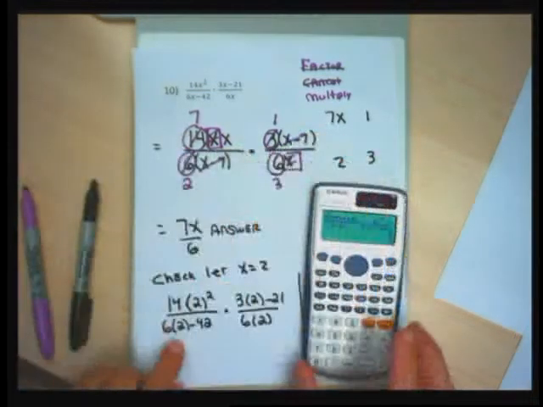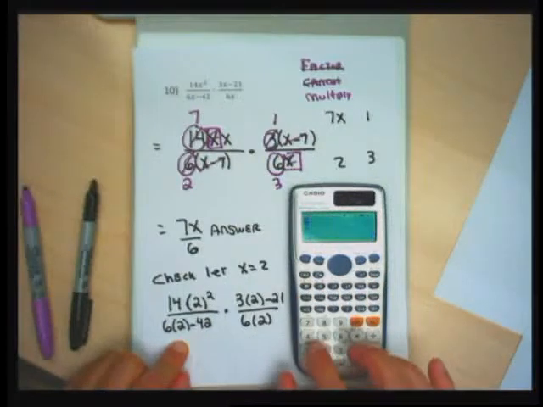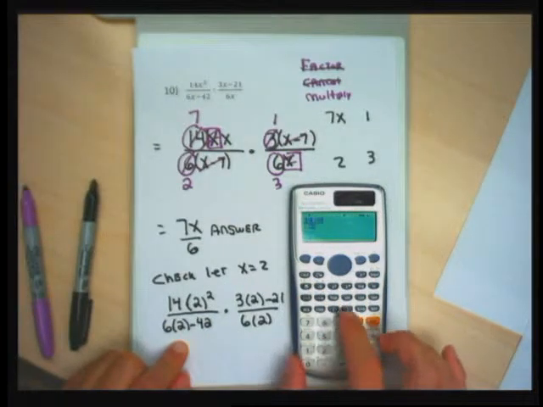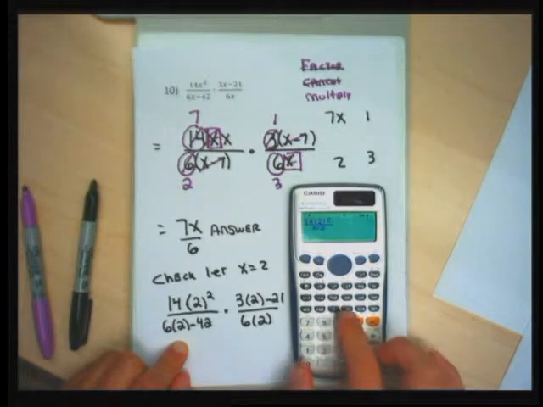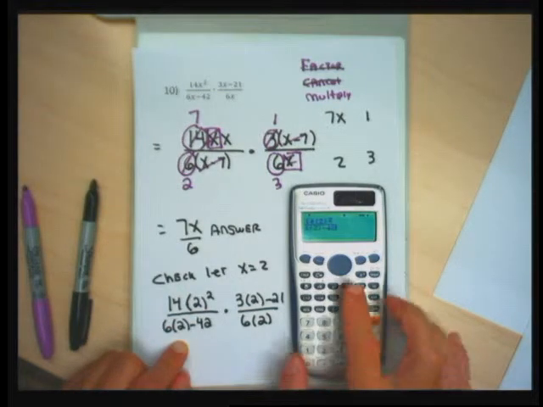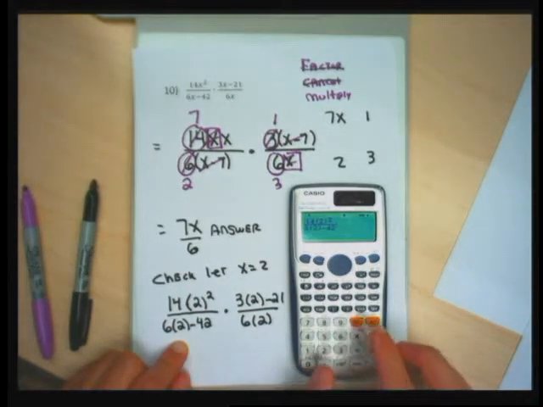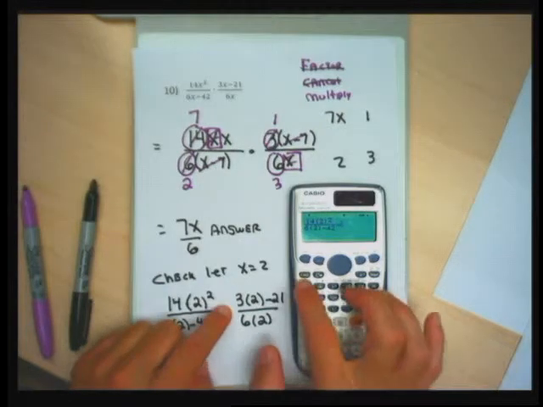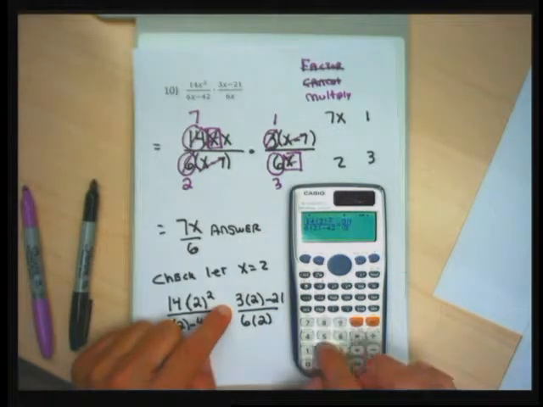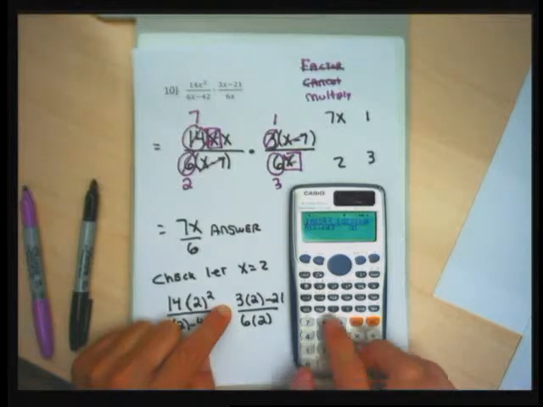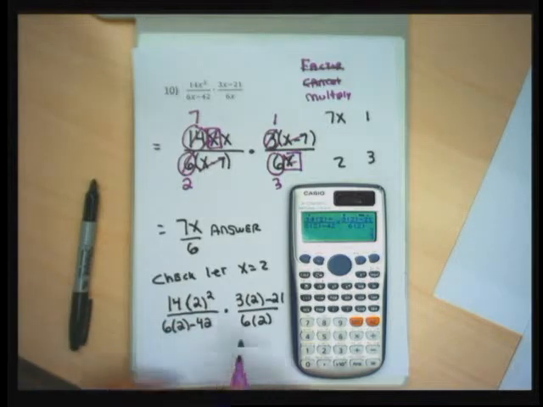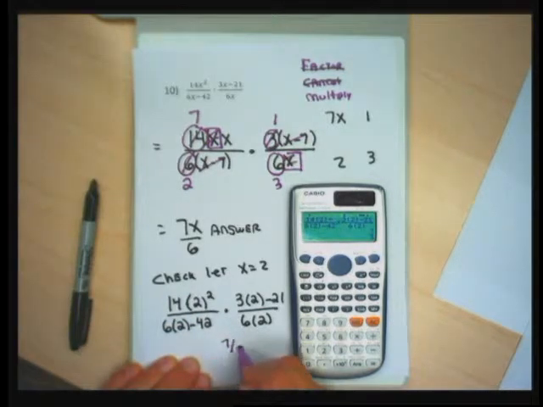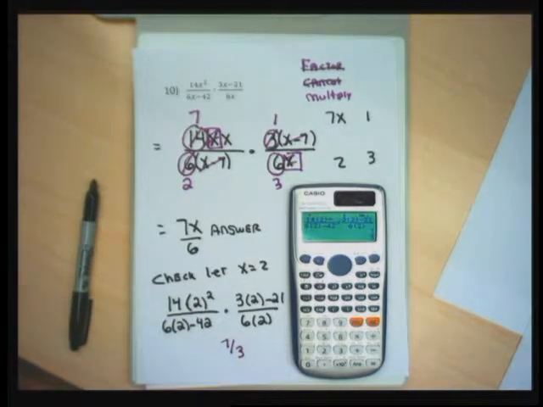So I'll start off with this one, which is a little bit harder. Fraction 14 parentheses 2 squared over 6 parentheses 2 minus 42, times sign, fraction 3 parentheses 2 minus 21 over 6 parentheses 2, and this, if I did it properly on my calculator, reduces to 7/3.